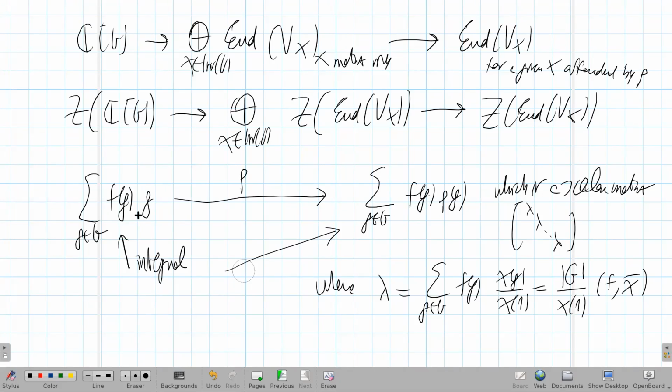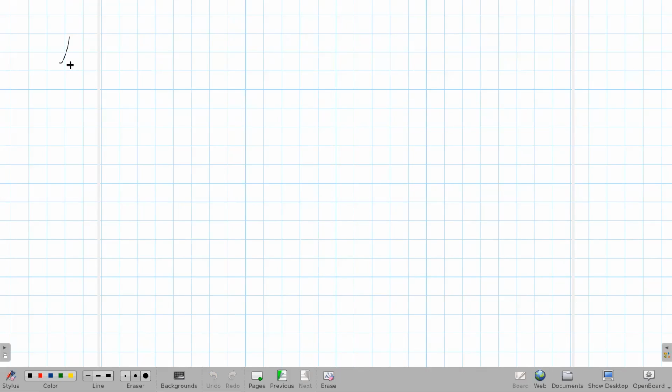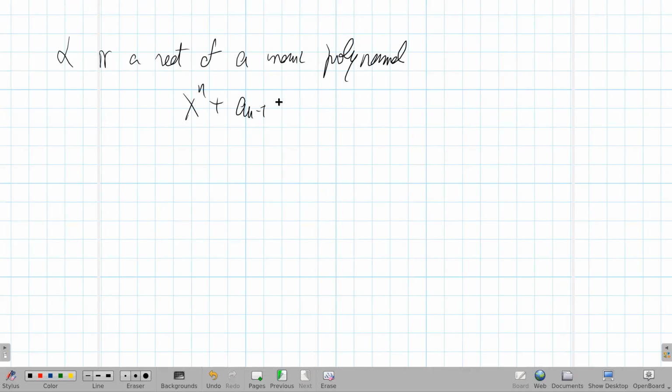Because this element here, call it alpha, is a root of a monic polynomial, say x to the n plus a_(n-1) x to the n minus 1, and so on, plus a_0, with integer coefficients.